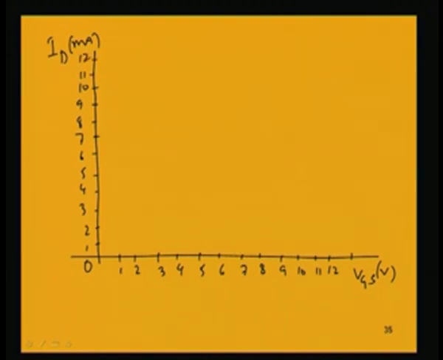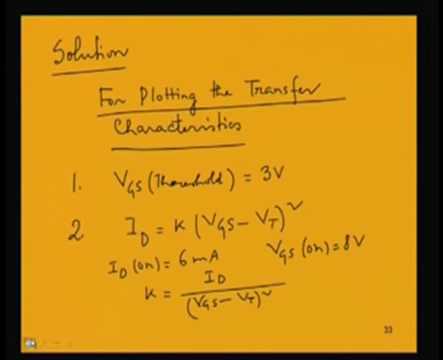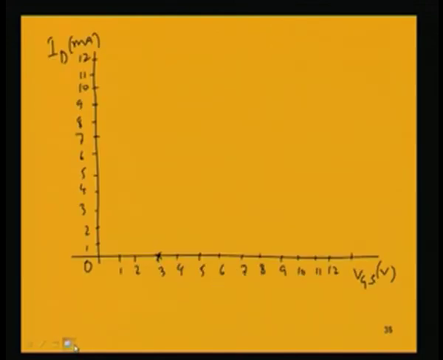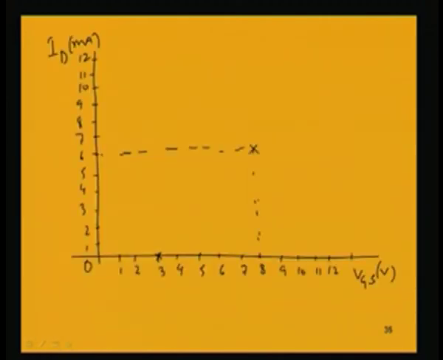So, one point is 3, this point. The other point is given by 8 and 6, here, this another point. The third point we have taken is 6 and 2.16, which will be somewhere here.